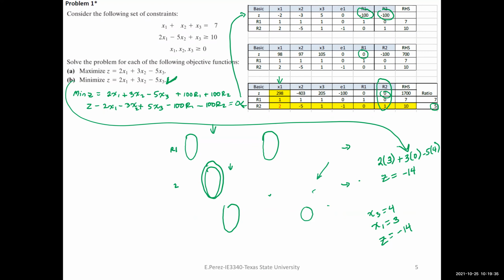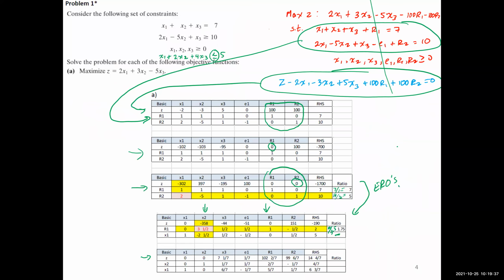For the previous problem? Yes, the solution here is x1 equals 3/7, and x2 equals 4/7.